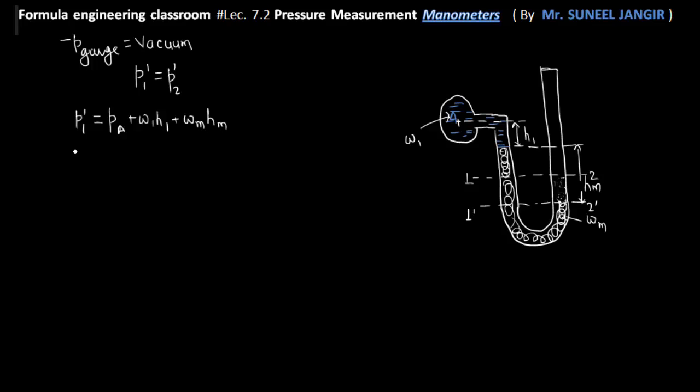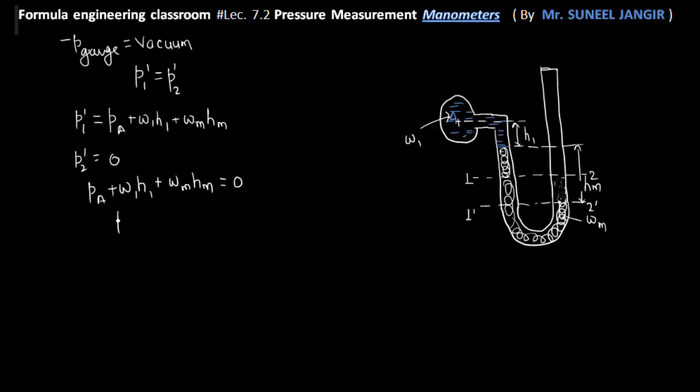So what is P2 dash? As P1 dash is gauge, P2 dash will also be gauge. But this is the free surface of manometric fluid, and over here is atmospheric pressure. So at this free surface the gauge pressure will be 0. Now equating 1 and 2, we can write PA plus W1H1 plus WMHM is equal to 0.